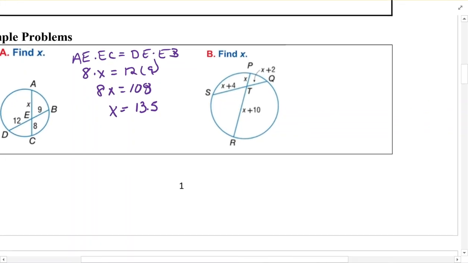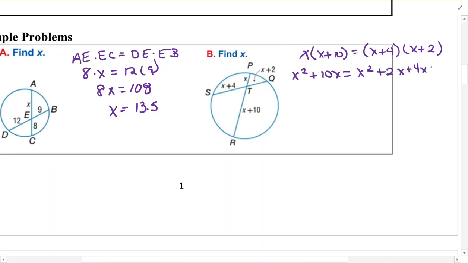And the next problem, we want to find x. So again, we're going to multiply the two portions. So x times x plus 10 equals x plus 4 times x plus 2. Distribute, we have x squared plus 10x. And we have to FOIL the next, so we'll have x squared plus 2x plus 4x plus 8.